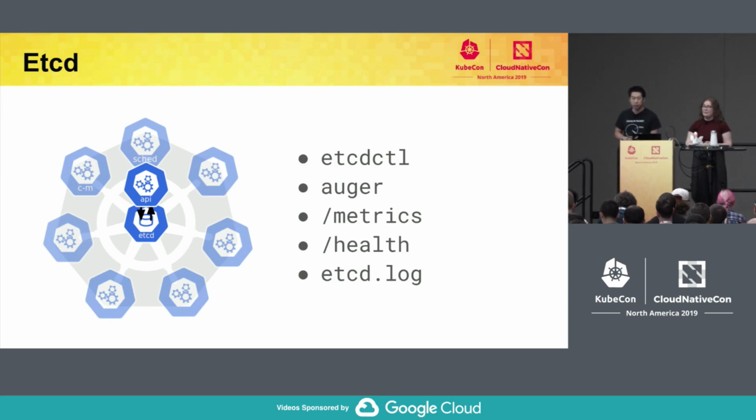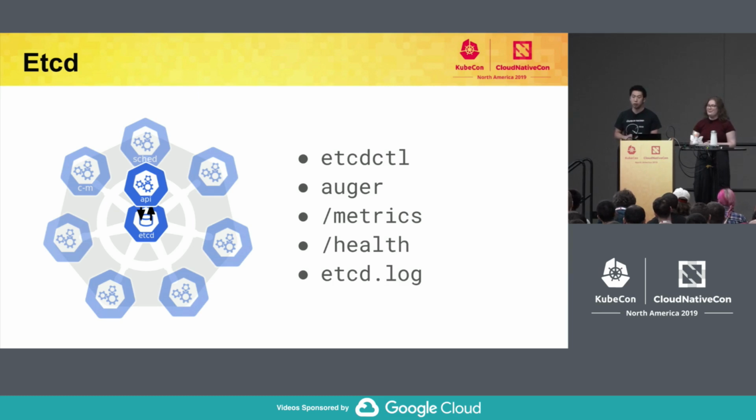The first two items in the list are tools which allow you to directly access data from etcd. etcdctl is the one people are probably most familiar with, which is a command line client for interacting with etcd. It's super useful for ad hoc exploration of etcd data. The second one is Auger, which is probably a lesser known tool, but it shouldn't be.